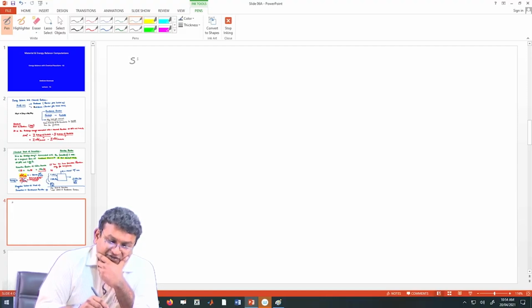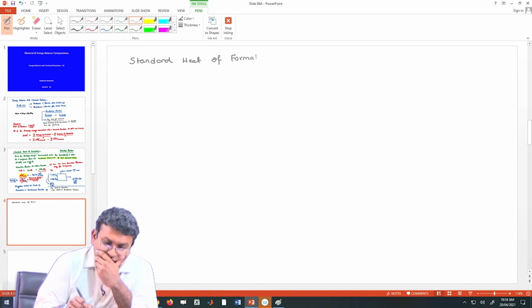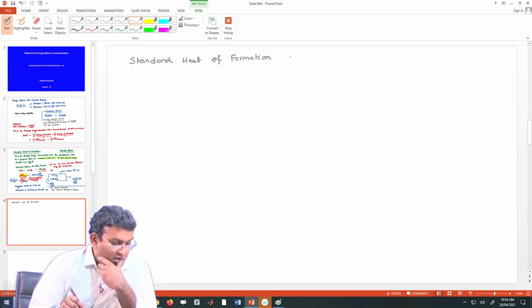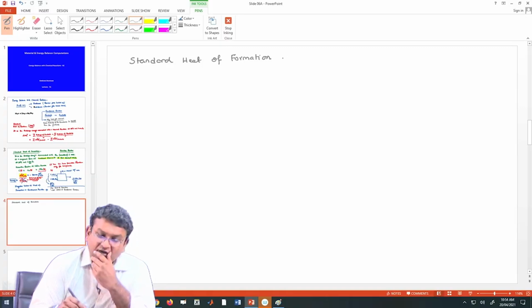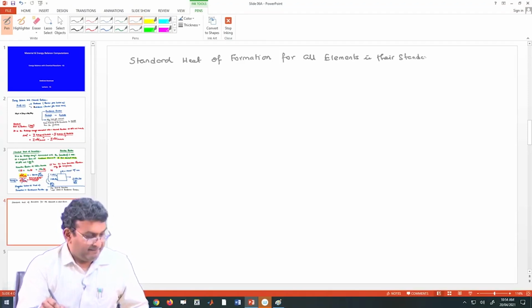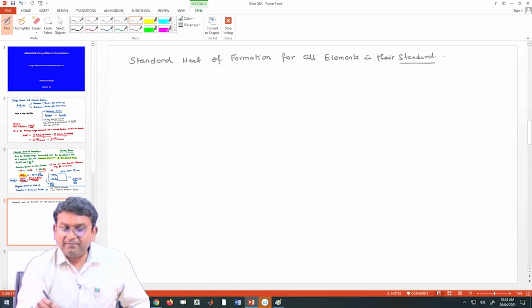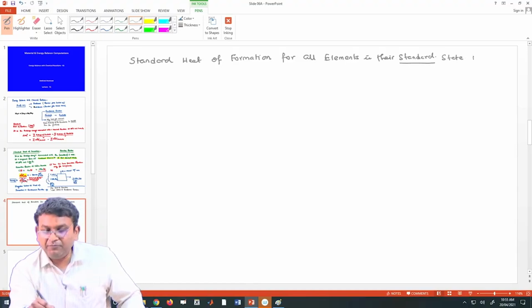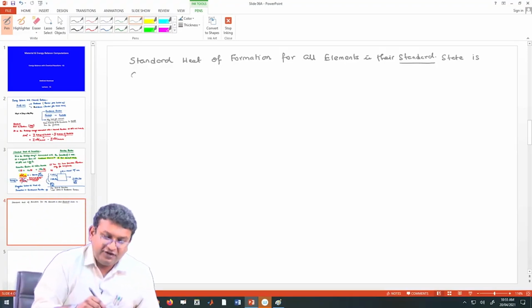The standard heat of formation for all elements in their standard state, this is extremely important, is considered or assumed to be 0.